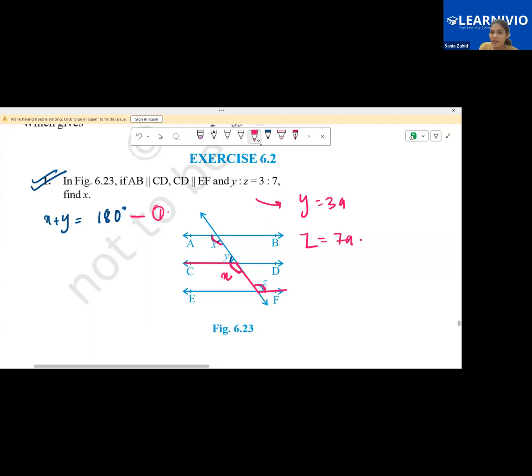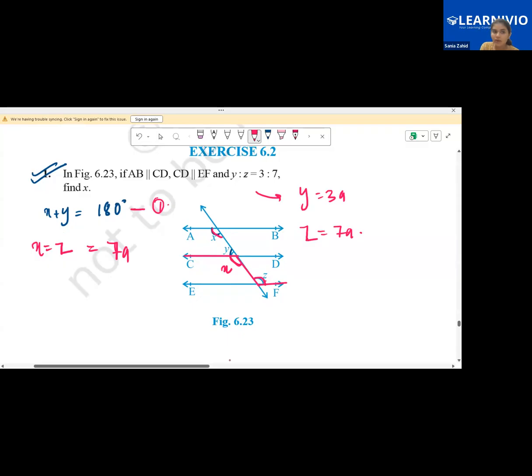So now x and z are equal to 7a, right? And x plus y is 180. So 7a plus 3a is equal to 180 degrees. So 10a is equal to 180 degrees. So a is equal to 18 degrees, right?